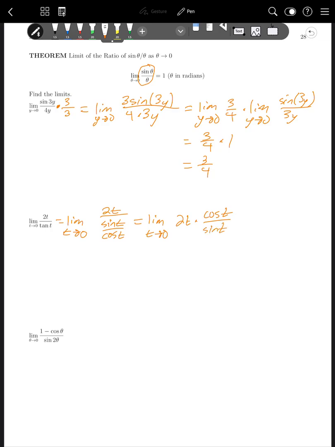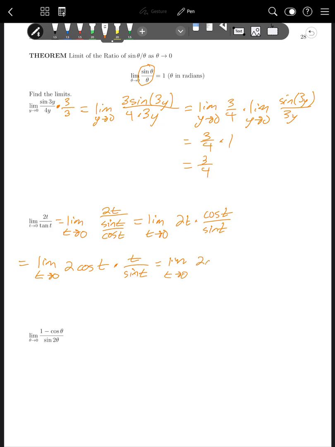And so now I can start to get in this sine t over t idea that we're going to use here. So by rewriting this, the limit as t approaches 0 of 2 cosine of t times t over sine t. And then I can rewrite this as sine t over t by taking the reciprocal, and I do that by using exponents.